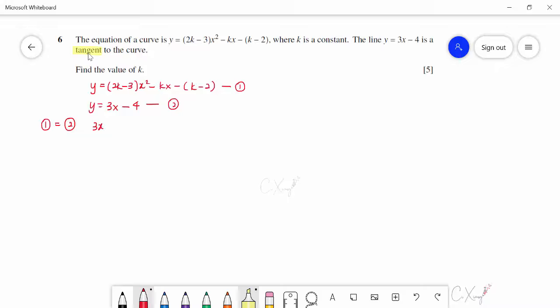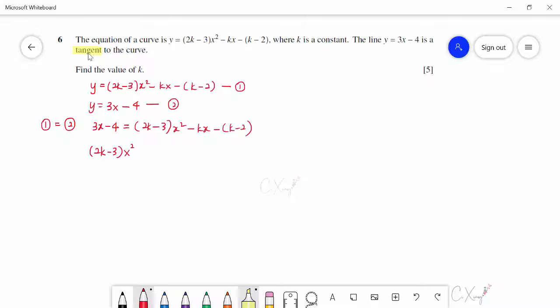I'm having 3x minus 4 equals 2x minus 3x squared, and so on. But if you look at this equation, you're having k and x, two unknowns. Therefore, you should expect that you're not able to solve it properly. Okay, but no matter how, you just try to rearrange them.